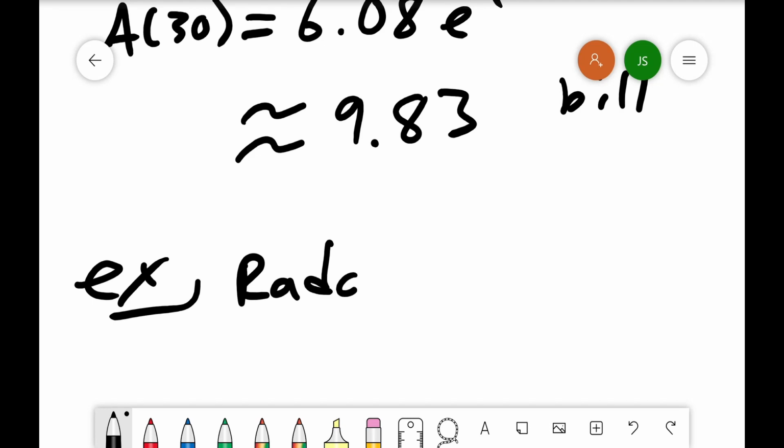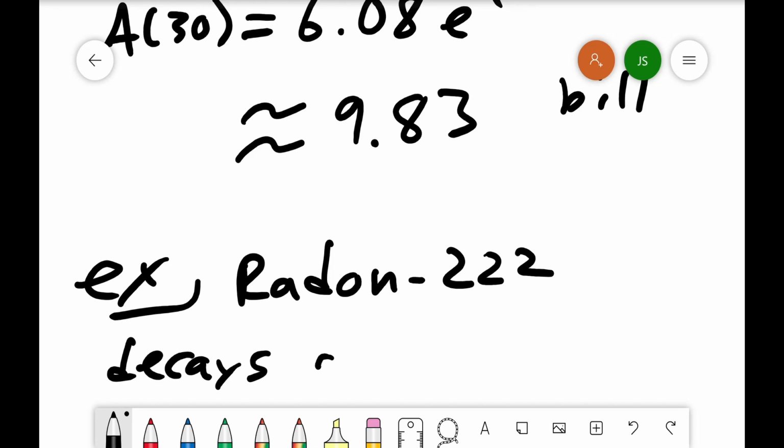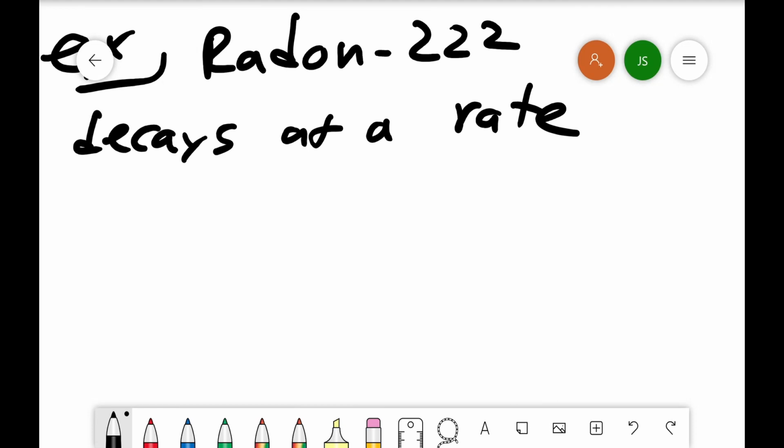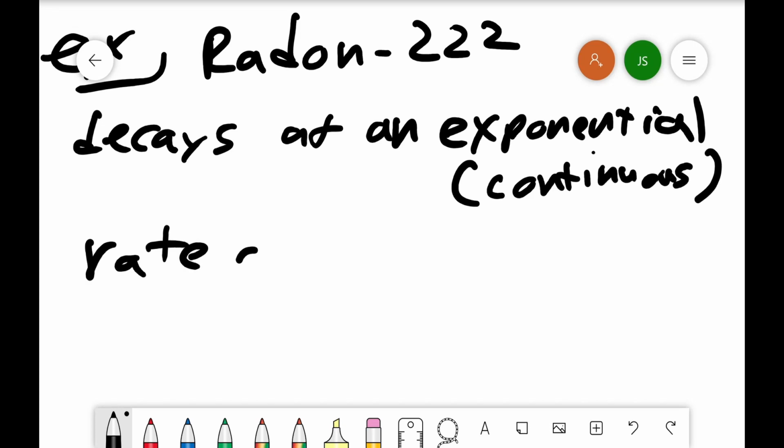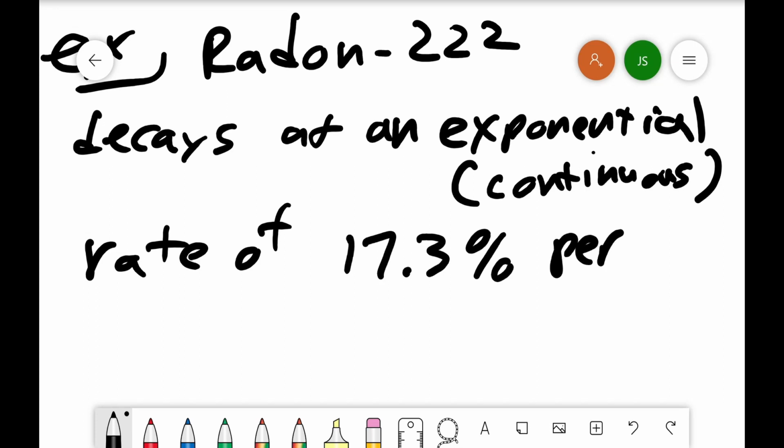So this stuff, radon 222, decays at a rate. And I guess if I say it decays at a rate, I should be clear. So let's say at an exponential or continuous rate of 17.3% per day.